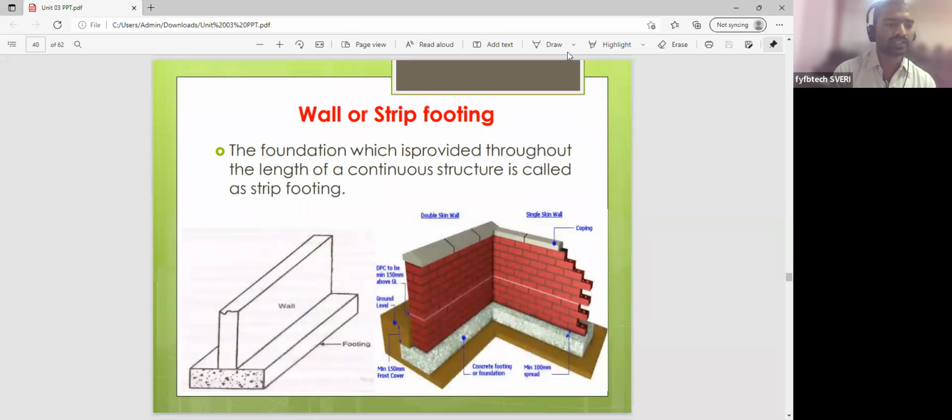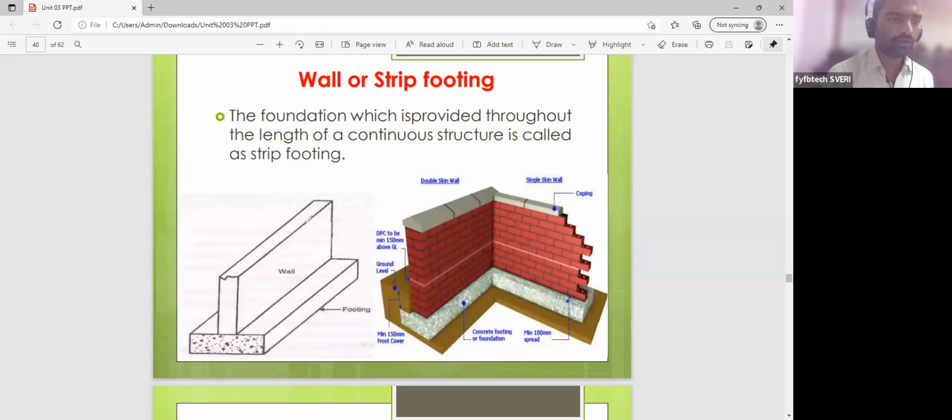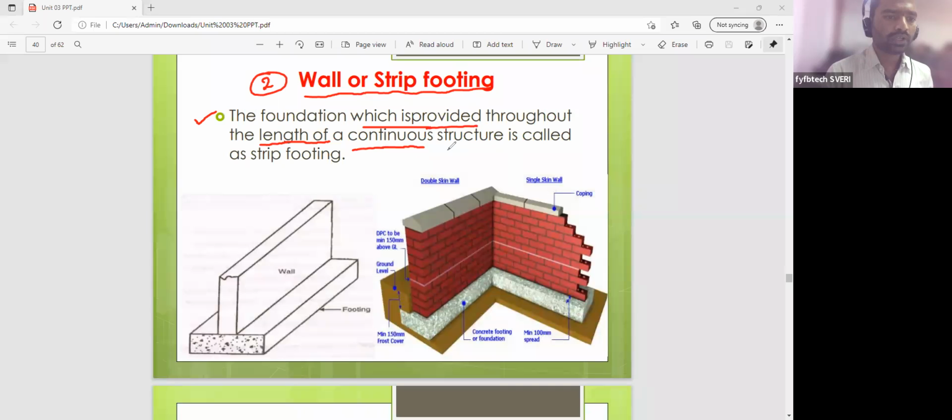Next, the second one: wall or strip footing. The foundation which is provided throughout the length of a continuous structure is called strip footing.